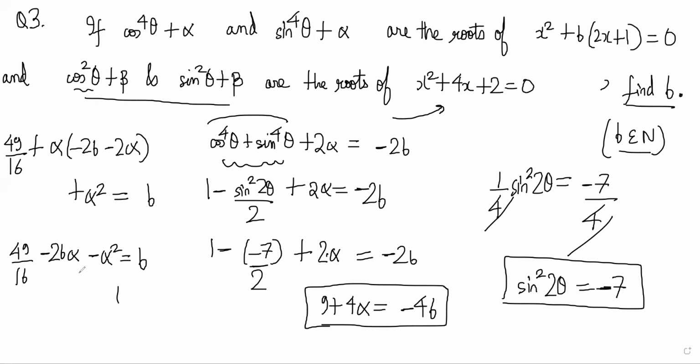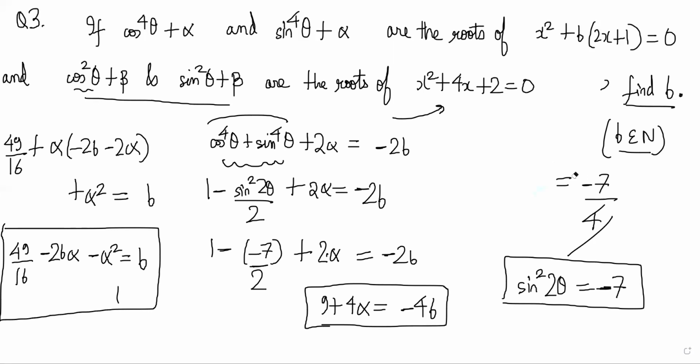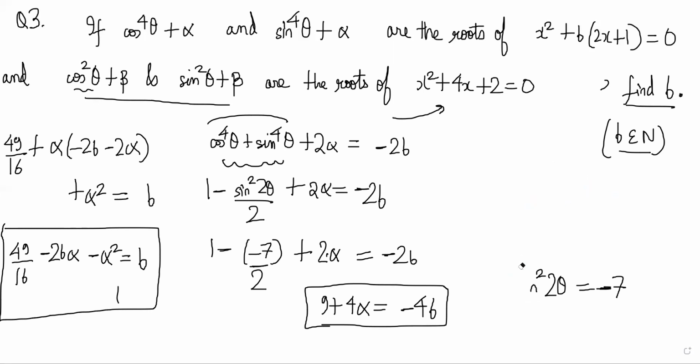Okay. So we have another equation here. And we have 9 plus 4 alpha is also minus 4b. We have to find b.